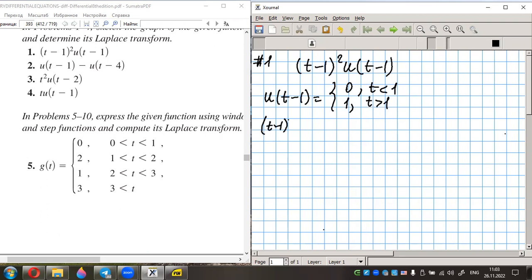And (t minus 1) squared u(t minus 1) is 0 if t less than 1 and (t minus 1) squared if t more than 1.